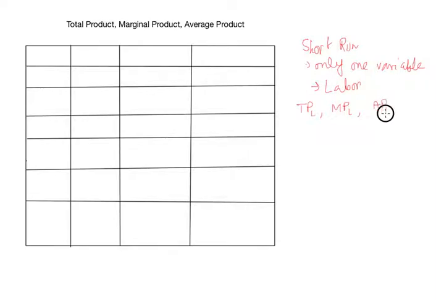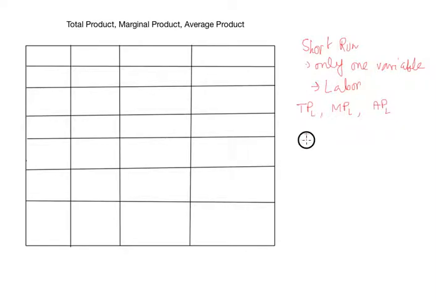So for that, first just recall that when I derive these, I'm still in the short run, which means only one variable factor, which I am assuming to be labor. Therefore we are looking at total product of labor, marginal product of labor, and average product of labor.